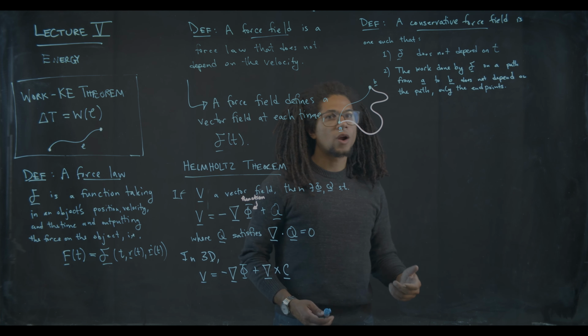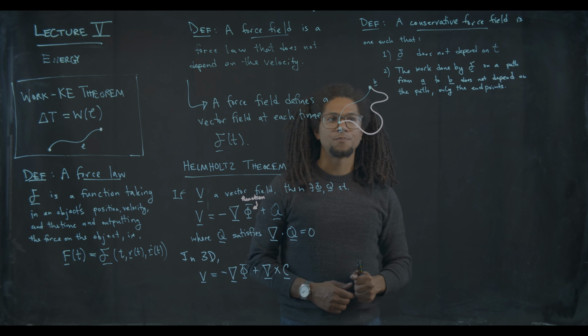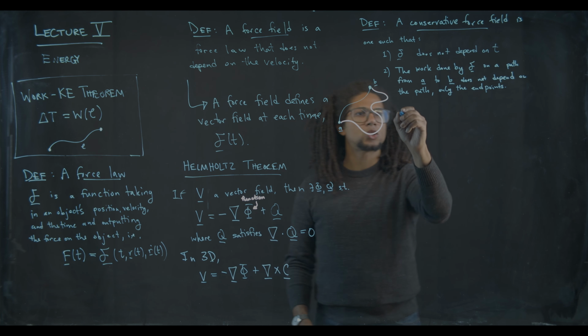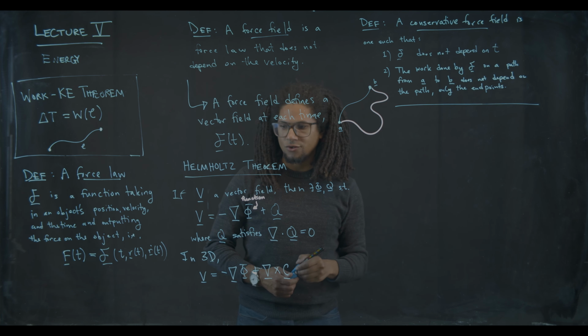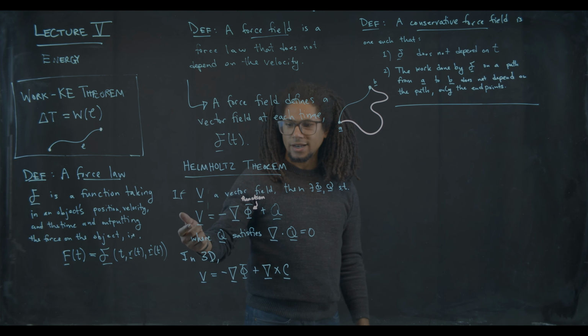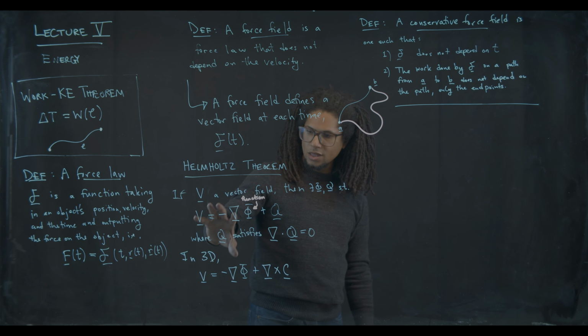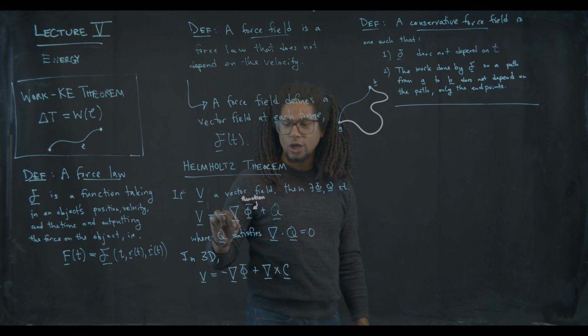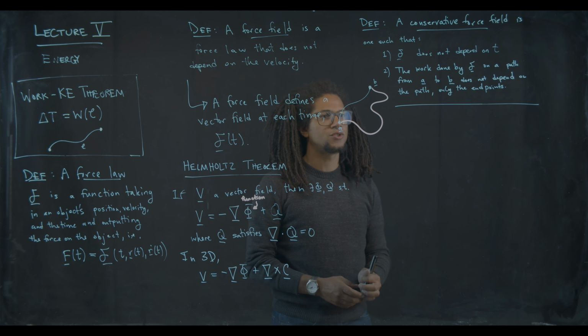Now comes where we need some bigger machinery. And actually what I'm going to do is start by, seemingly out of nowhere, looking at this Helmholtz equation, and applying it for my force field.